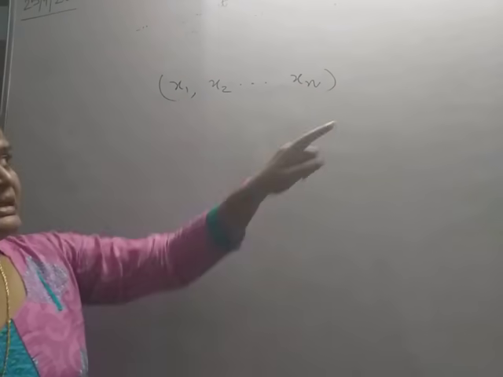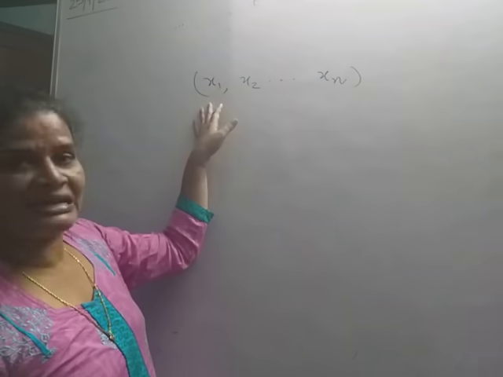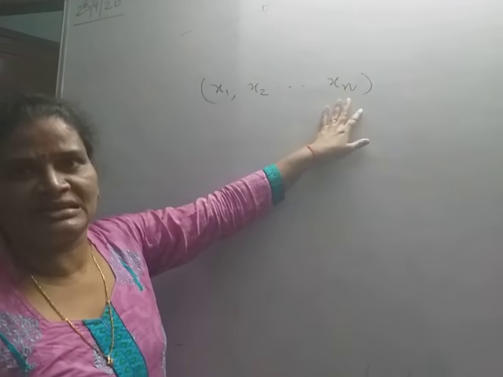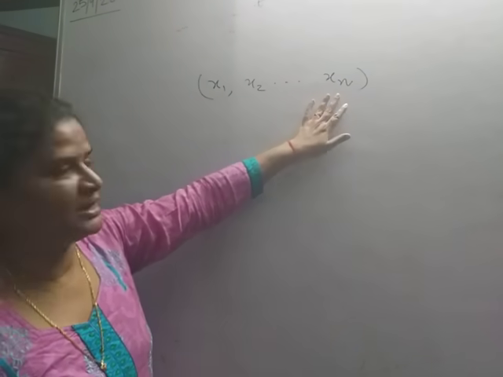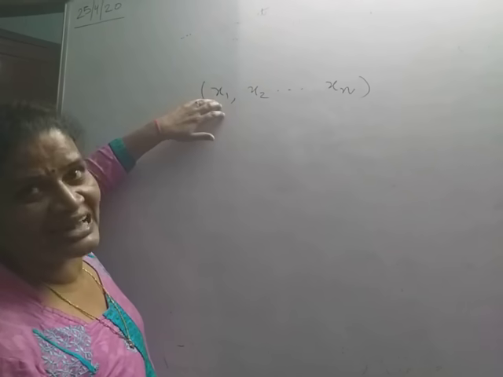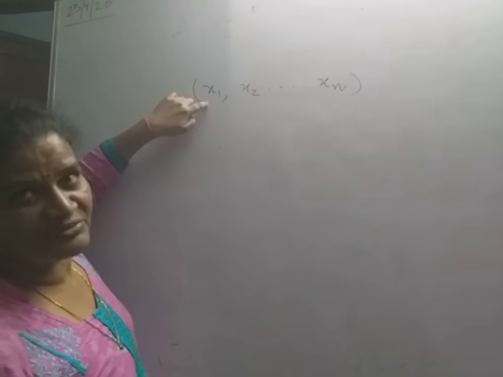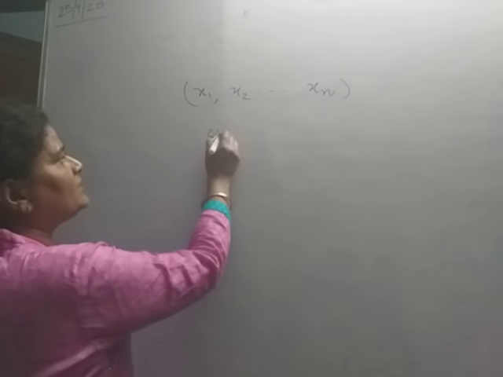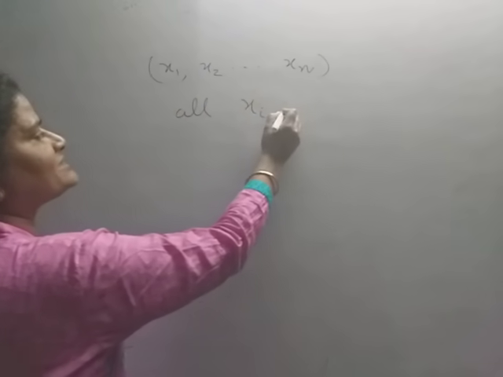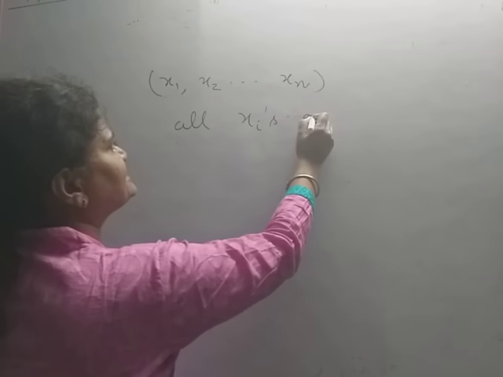In the case of the Hamiltonian cycle, the solution vector is represented as an n-tuple, and here each xi is a vertex. All the xi's are distinct.